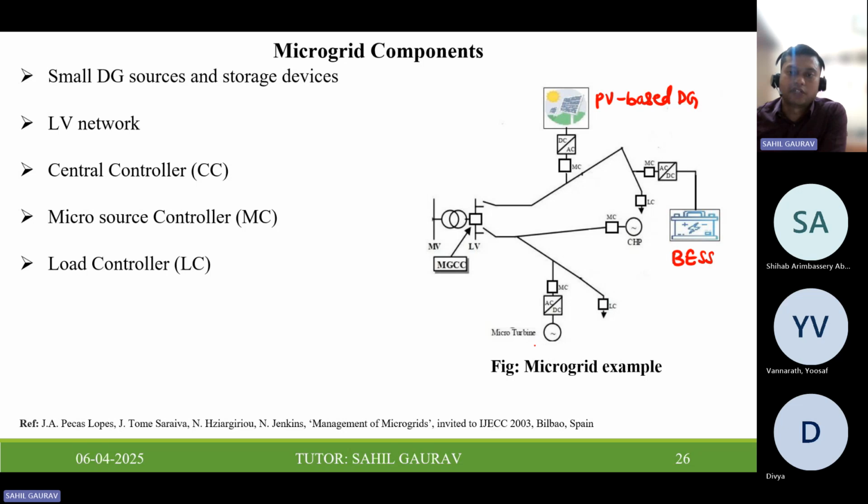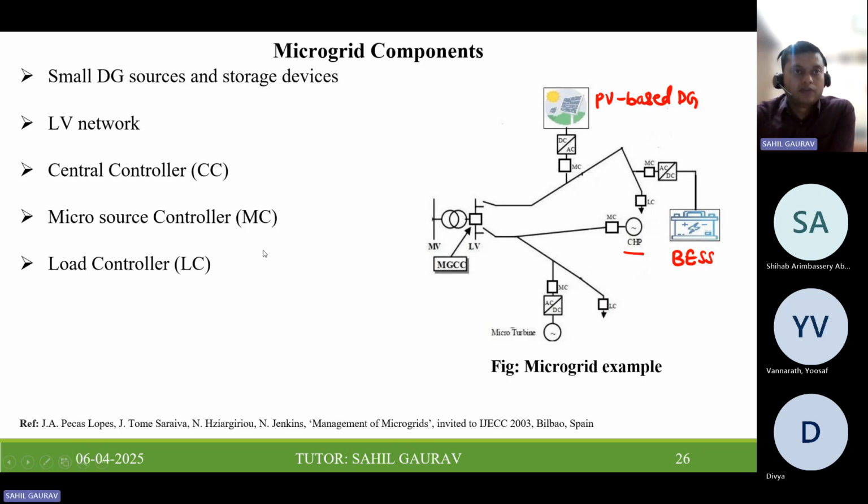Then we have this micro turbine. Here, I think, is a mistake of this converter. These are local load controllers. LC means load controller, and MC denotes micro source controller. And this is the combined heat and power source.